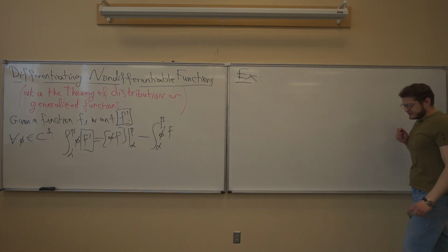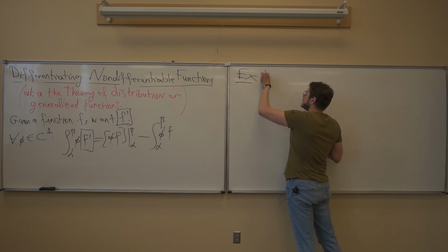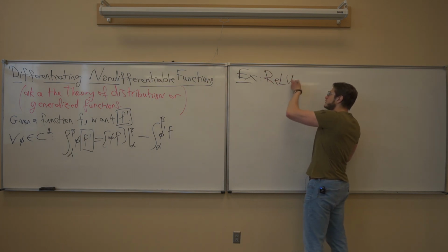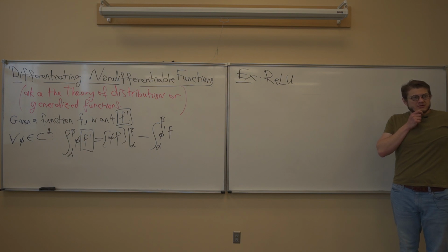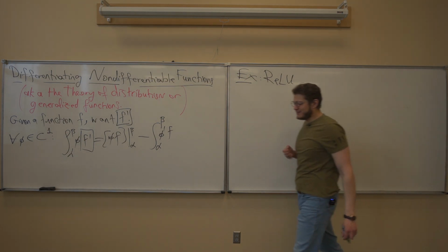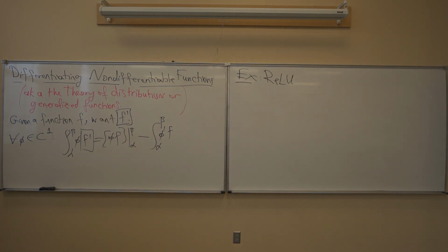Let's look at this famous function. It is called the ReLU. How many of you have heard of this? Yeah, this is a famous function. It's short for rectified linear unit. It's one of the most common so-called activation functions that people use in machine learning.